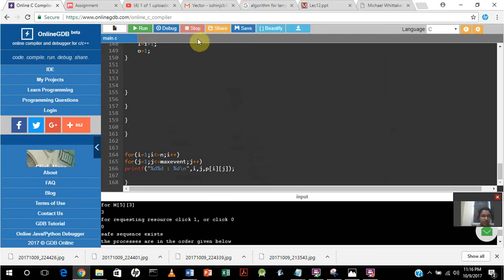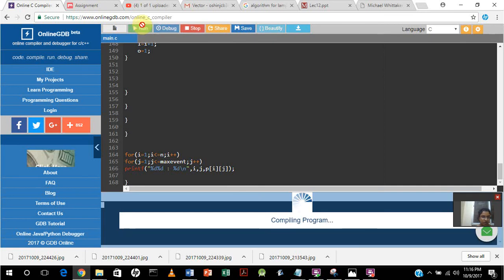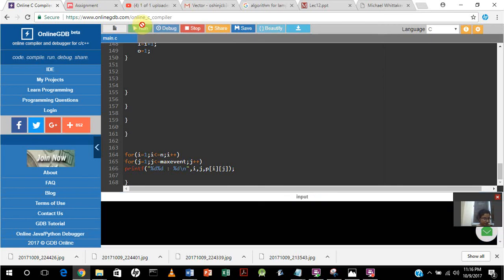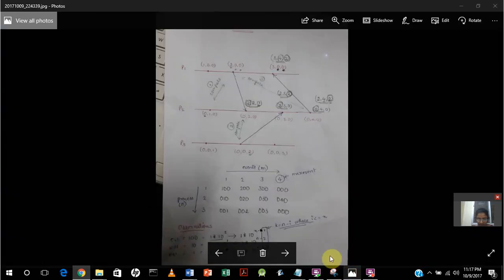So executing this will look like this. Entering the number of processes, that's 3. For process 1, the number of events that there is 3, and here we have 1, 2, 3, 4 and 3.